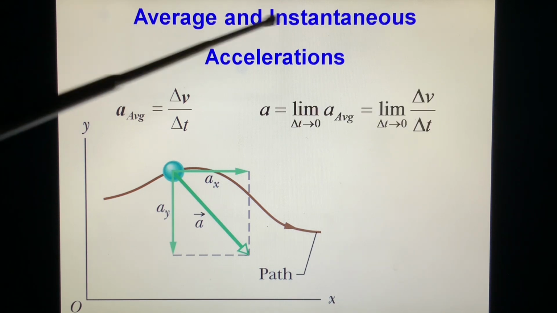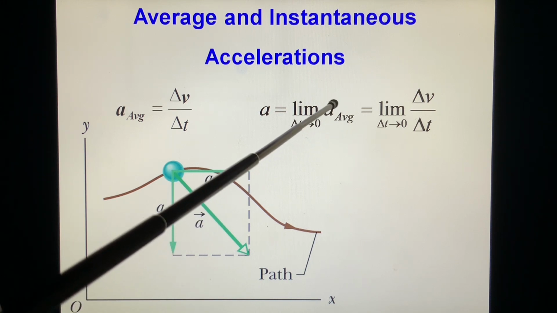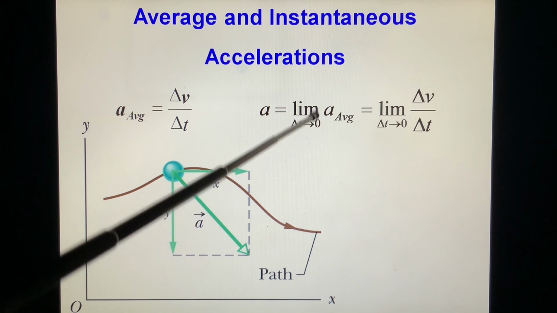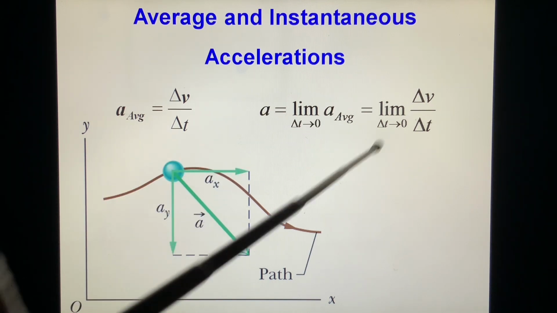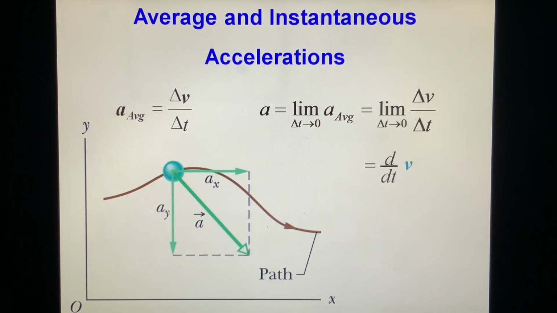And instantaneous acceleration equals the average acceleration as delta t approaches 0. And this one in calculus is the definition, dv/dt.